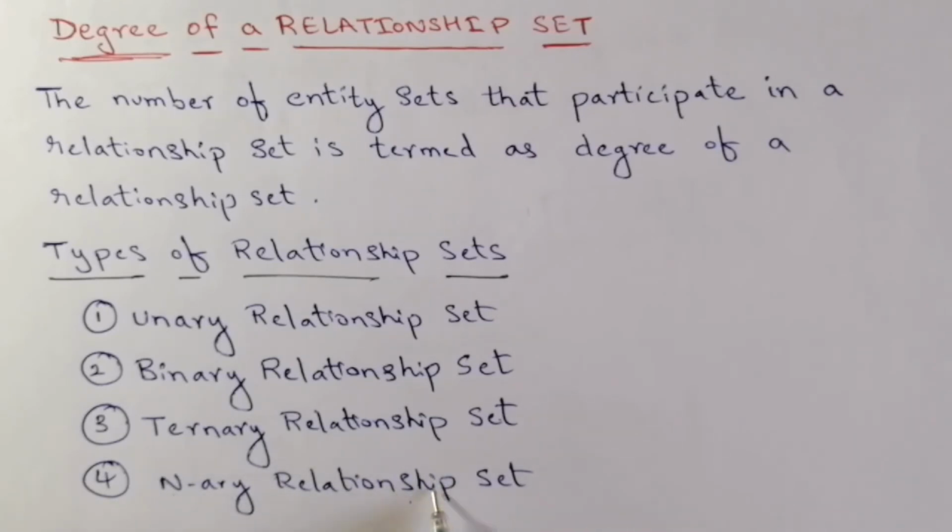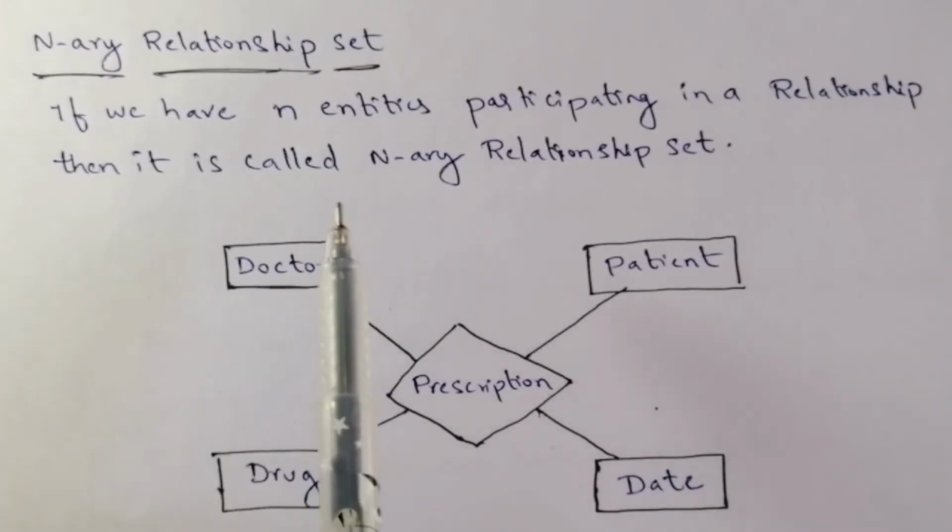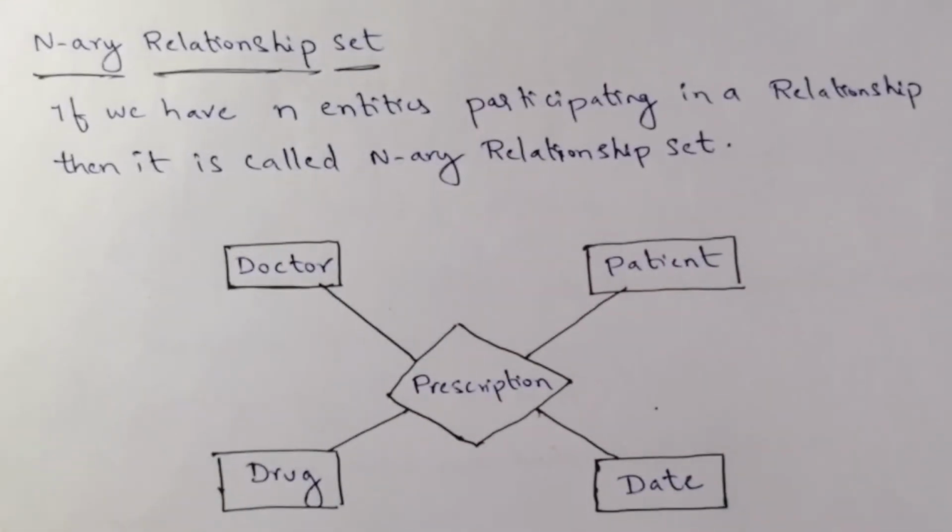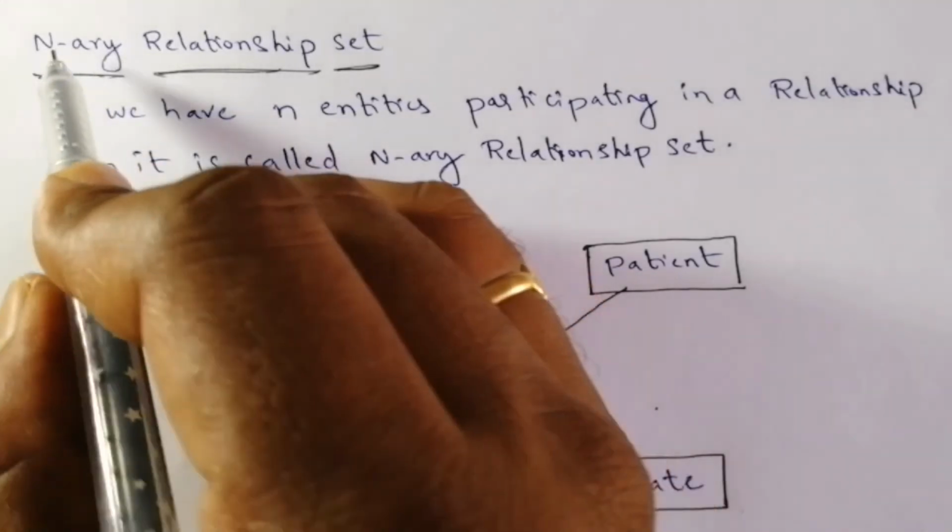Let's study it. In an n-ary relationship set, if we have n entities participating in a relationship, then it is called an n-ary relationship set. See here, this is our example, this is our relationship. In this relationship, how many entities are participating? 4. So here n is 4.